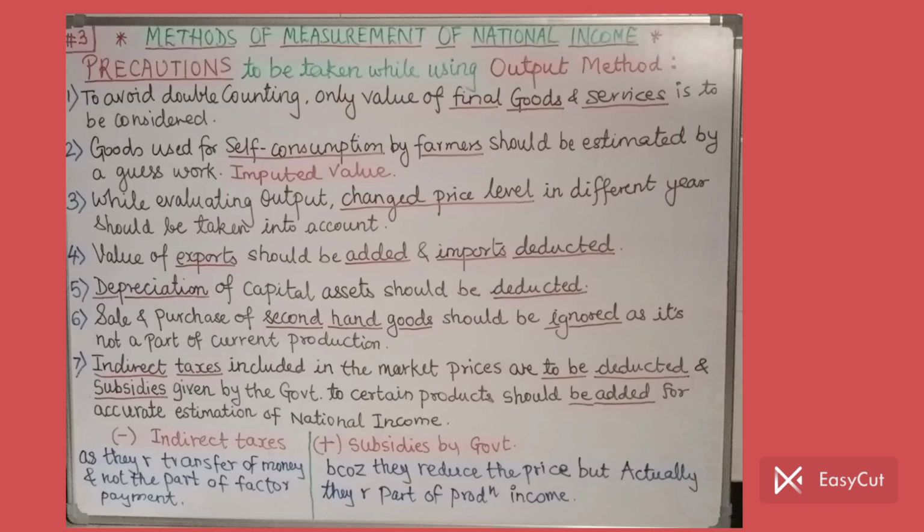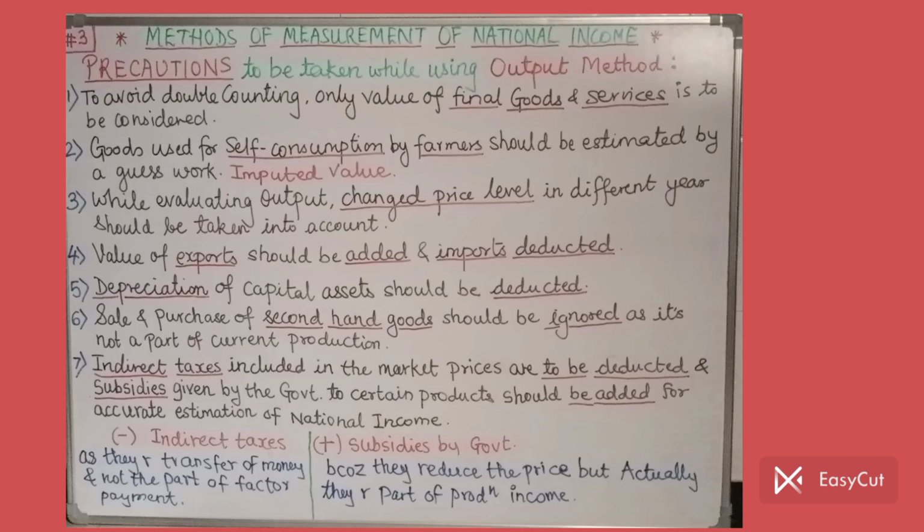And now coming to the seventh and very important point, indirect taxes included in the market prices are to be deducted. Whatever is the market price of a particular product, you must be knowing that in the price structure we also include indirect taxes such as GST, VAT, etc. So such indirect taxes should be deducted, and subsidies given by the government.